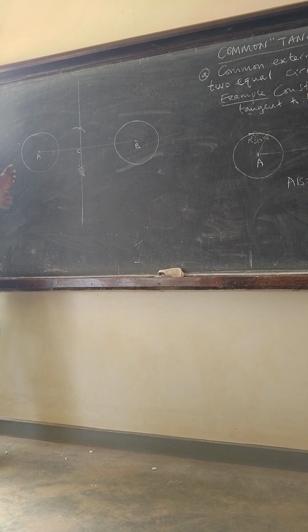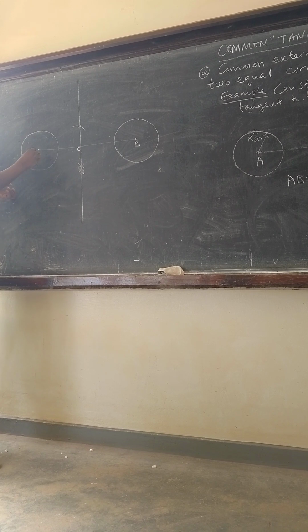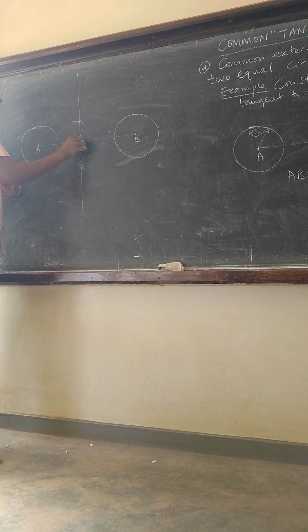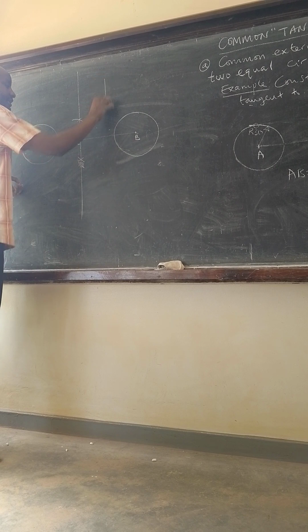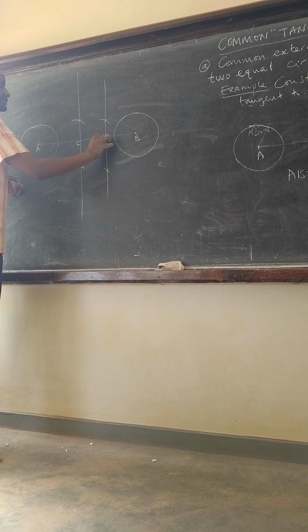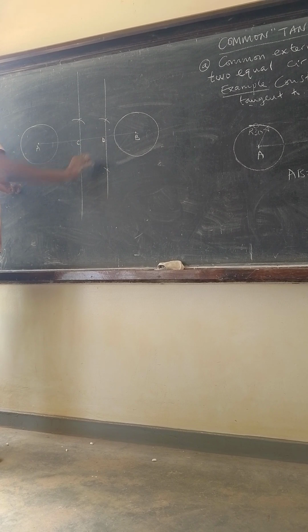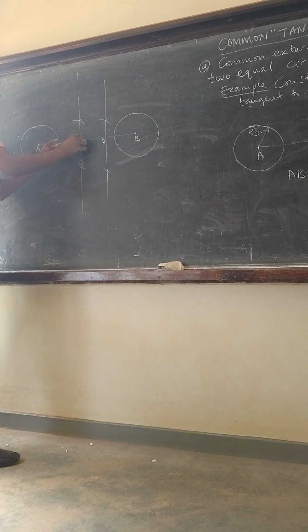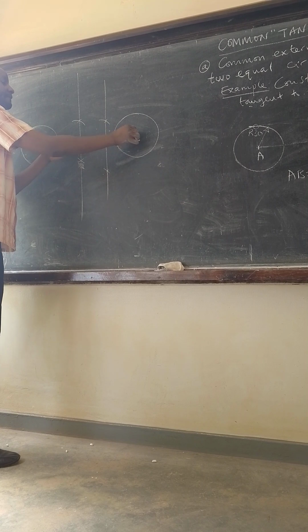Step 2 is also to bisect. For the second step, you can either bisect AC or CB to give us D. So you can note down that to get D, we have again bisected the distance BC.